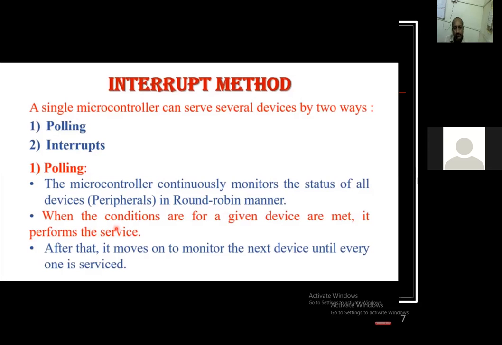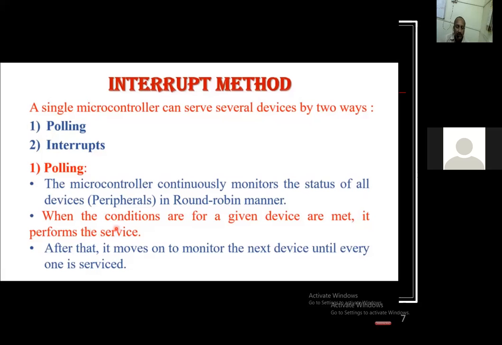In our language, we can say that one by one, step by step, it checks all these interrupt statuses. If there are 5 interrupts, it will check the status of the first interrupt, then the second, then the third, fourth and fifth, and again the first. In this manner, it checks the status.